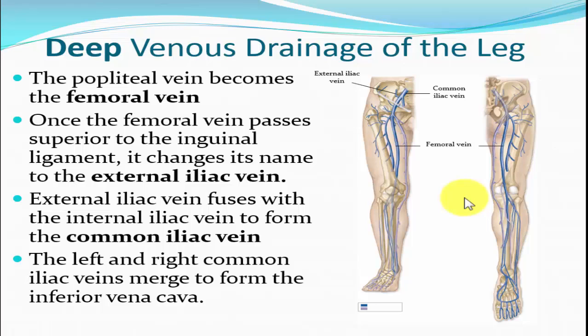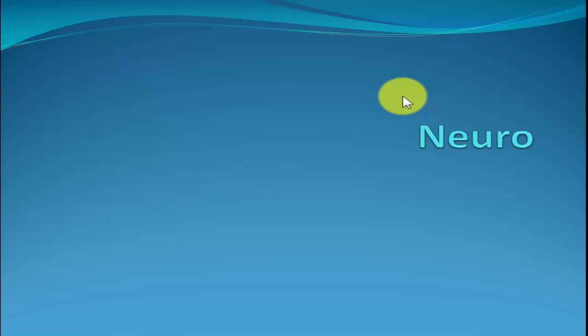Once the femoral vein passes superior to the inguinal ligament, the white oblique structure that runs right there, it becomes the external iliac vein. The external iliac vein joins the common iliac vein, which is the main place that merges to form the inferior vena cava, thus transporting blood for passage and drainage back to the heart.